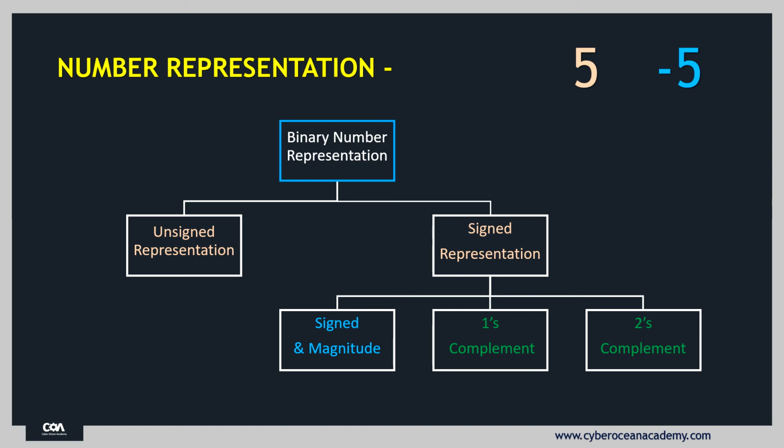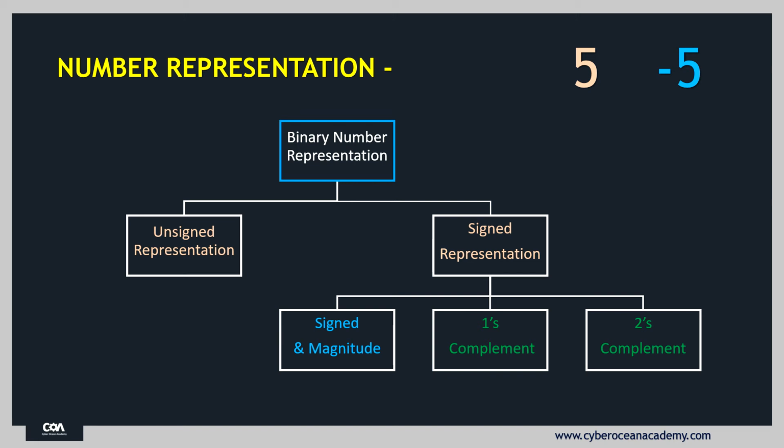Further, signed representations are categorized as sign and magnitude, where the sign is a sign bit, that is a sign flag, and for the magnitude there are magnitude bits. Also they are categorized as 1's complement and 2's complement. In this lecture, you will understand what is unsigned representation.